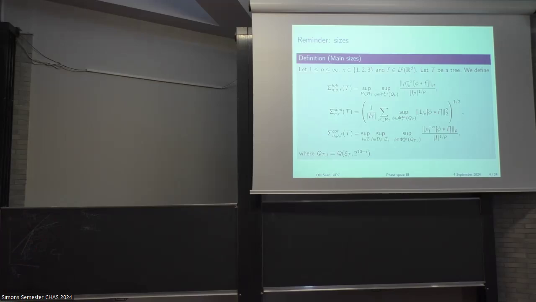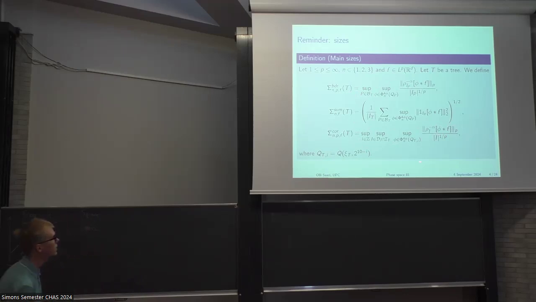Okay. And then a reminder about the sizes. I went a bit fast through this last time, so now I try to repeat a bit. So what were these things? We had two sizes for the boundary and one size for the core. So let's first look at the core size.